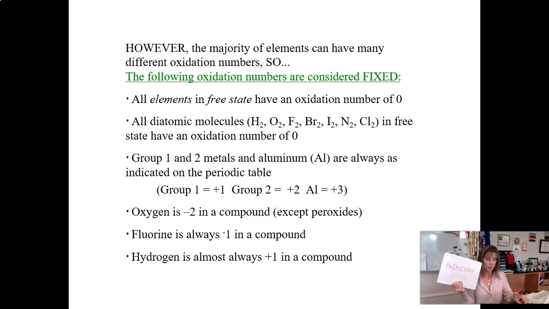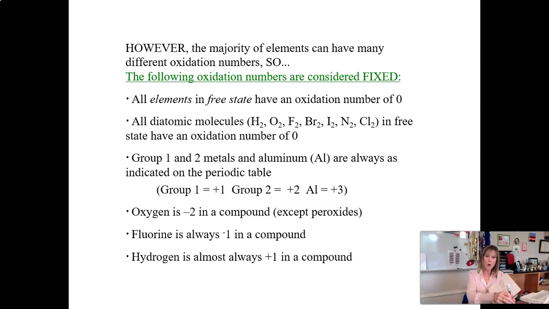These are the atoms on the periodic table that are diatomic. They can't be alone. They always exist in pairs. So bromine, iodine, nitrogen, chlorine, hydrogen, oxygen, fluorine. Those are the diatomic elements. And when they're in their free state, with a 2 next to them, they have an oxidation number of 0.